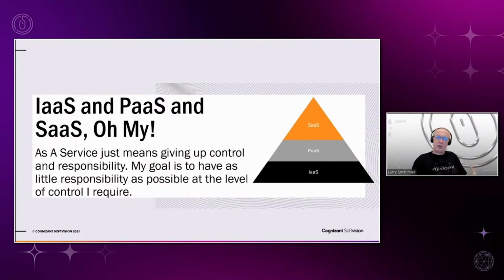Whereas if you deploy a PostgreSQL database in AWS, all you have to do is worry about the schema. All you have to do is worry about the amount of data that you have and the throughput that you need. So give up whatever control you can so that you also give up that level of responsibility.